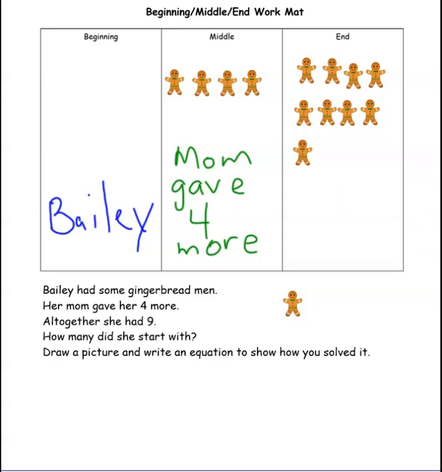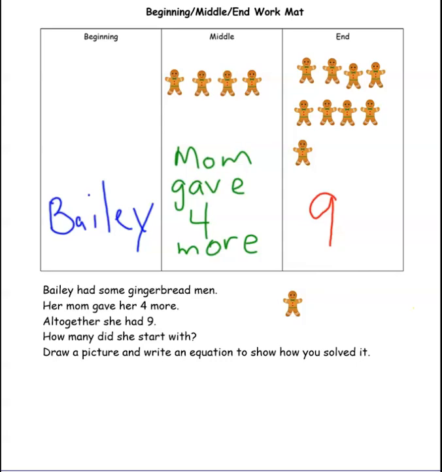We know that together that they had 9. Altogether, they had 9. So our question is, how many did she start with?